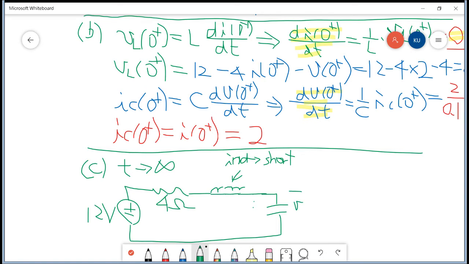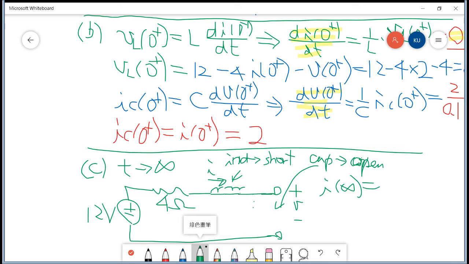So this is V, this is I. So actually this is a capacitor, so it will be open. In this case, I infinity will be 0.